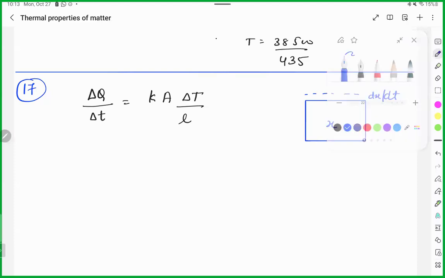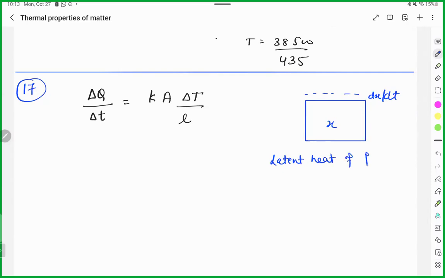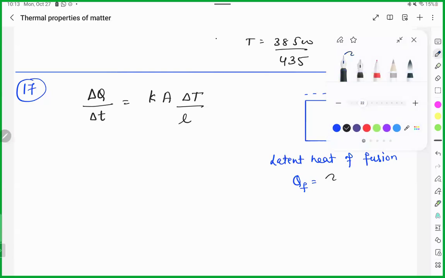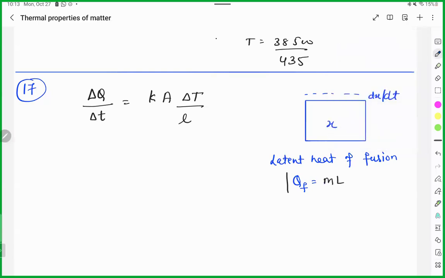Here you have the word latent heat of fusion. What is the heat of fusion? When liquid converts into solid, right? Latent heat of fusion, liquid converts into solid. So this latent heat of fusion Q will be equal to mass into the latent heat constant, mass times L. Make sense?